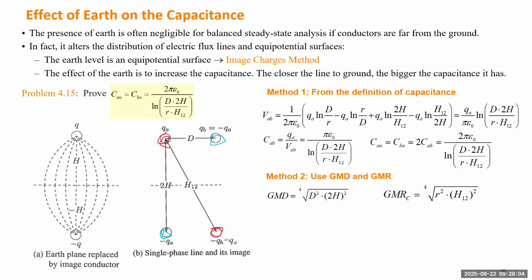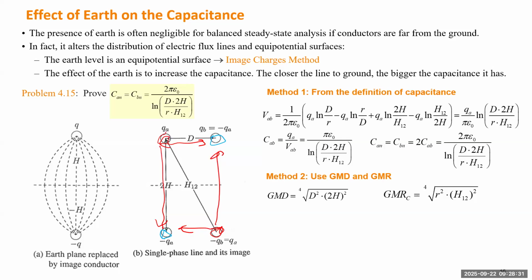So to calculate GMD, if we start from any single conductor, let's start from the first one, it will have a distance here, which is D. And it will have another distance to the blue group, that's 2H. Similarly, you can move to the next one, so it will have a D and 2H.